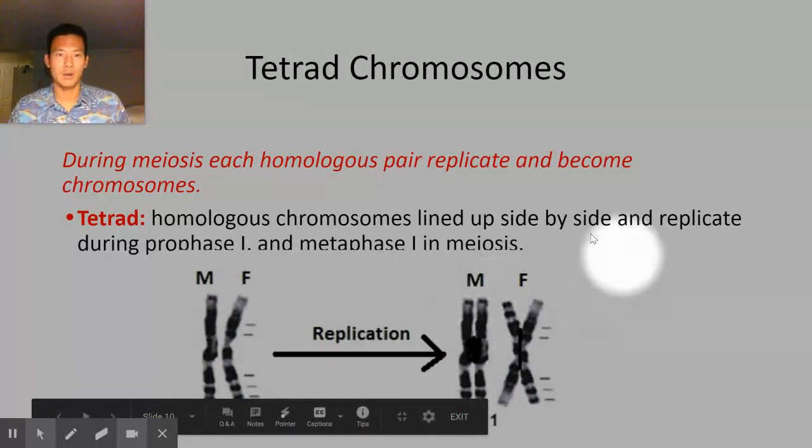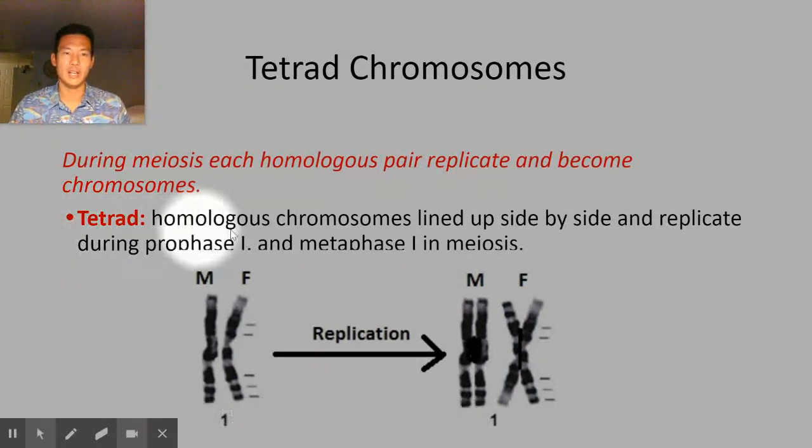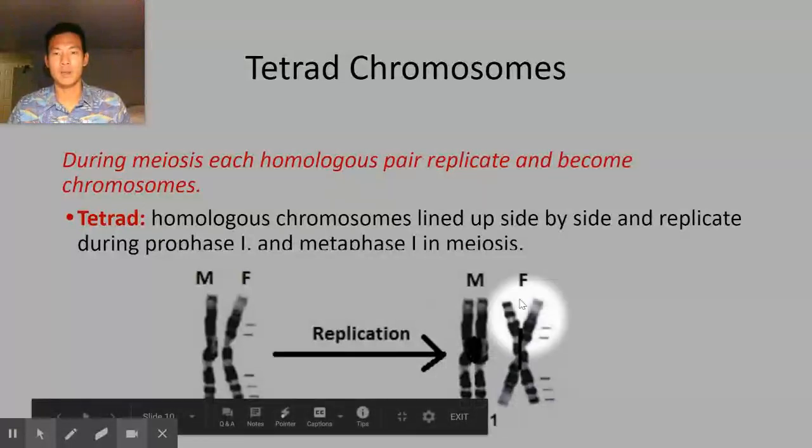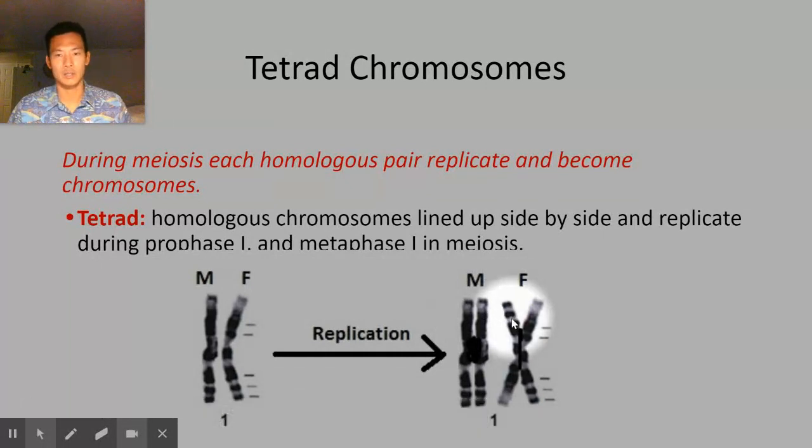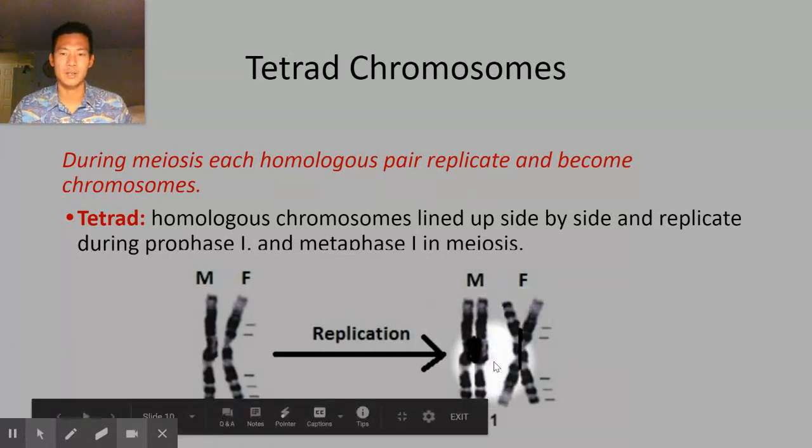Now, during meiosis, a formation called a tetrad forms, in which the matching homologous chromosomes line up next to each other. So these are homologous, meaning if this one has an eye color allele, this one right here should have an eye color allele too. It's uncertain, but it's believed that protein fibers bind them together, and then they form this shape, known as a tetrad.